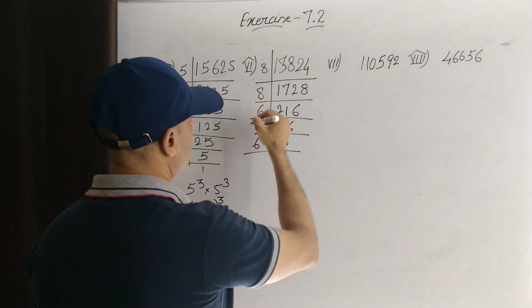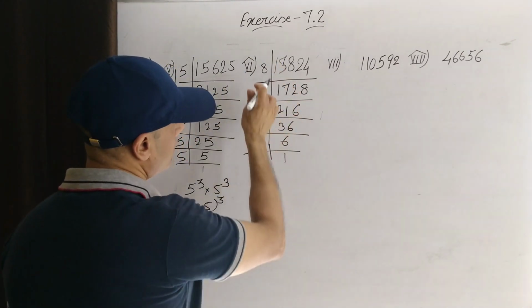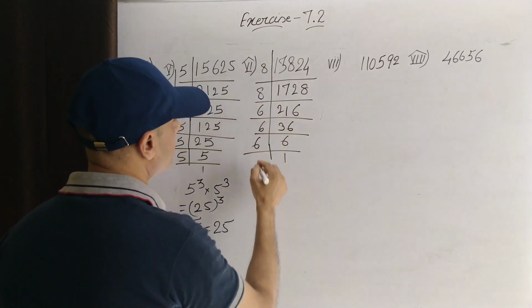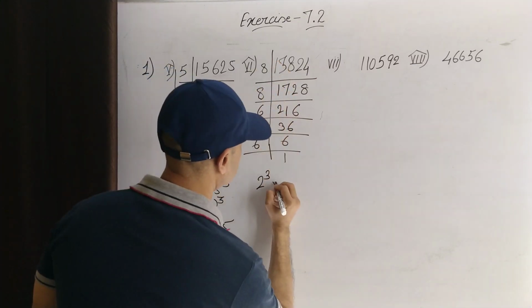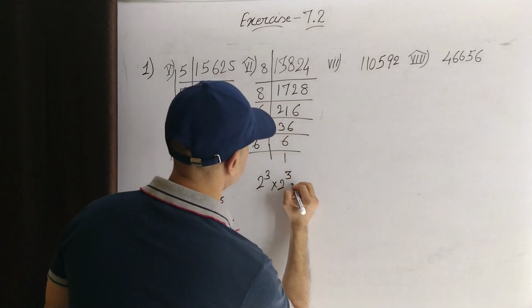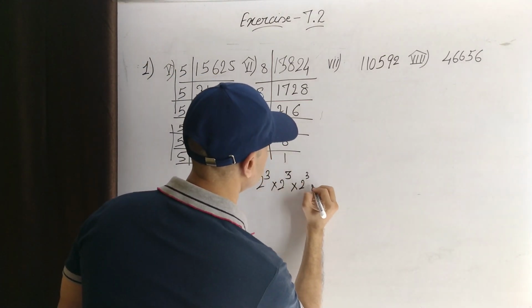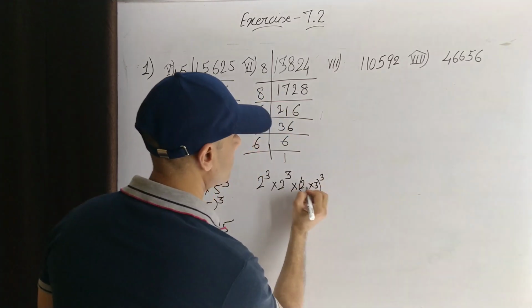Now we have taken, none of these are prime numbers, so while writing the steps you should expand and write. So 8 can be written as 2 cube. This 8 can be written as 2 cube. This 6 can be written as 2 into 3. So 2 cube into 2 into 3 cube, 6.